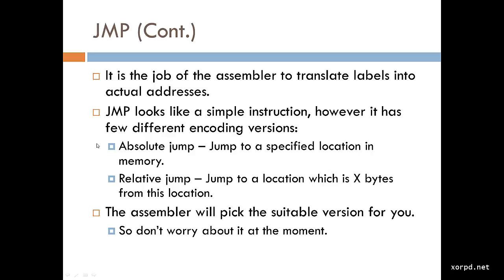I simplified things a bit here. There are even more kinds of jumps, but they all hide inside this generic JMP instruction, which contains all of them. And the assembler usually just picks the right one. I think there are actually maybe even 3 or 4 types. You can check it out yourself in the future.